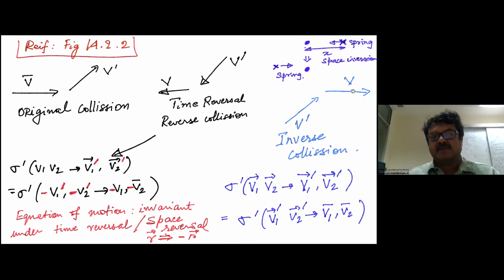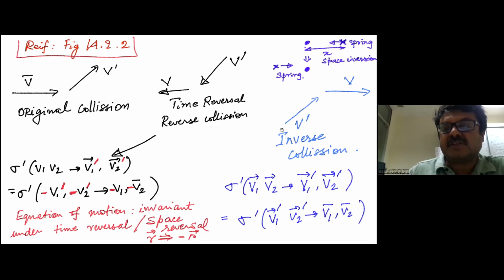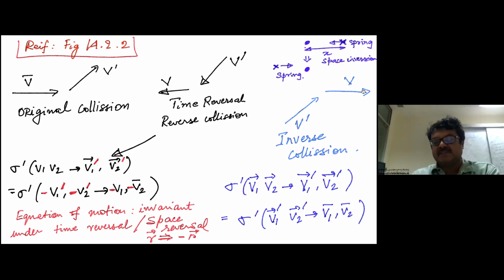So this is the primary difference. Here it was v1 dash and it was going out like this, whereas here this is going ahead in time. If anything was interacting with v dash, it would come out under the same scattering cross section with velocity v.